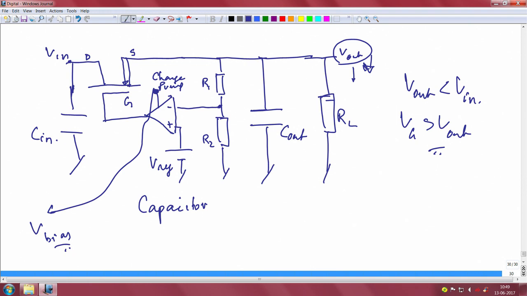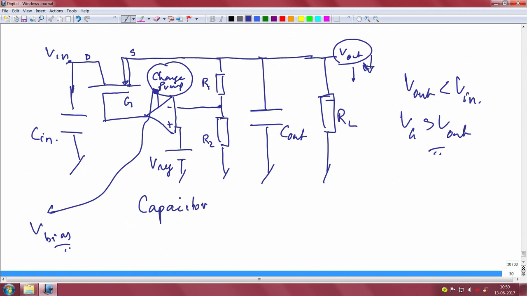Again, you do not have to worry because all of this is actually implemented inside the LDO chip, and it is of no issue for you. But nevertheless, you should know that there can be a situation where the gate voltage has to be given higher than that of the source under certain loading conditions.